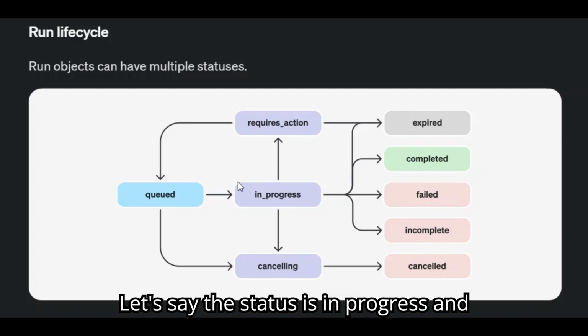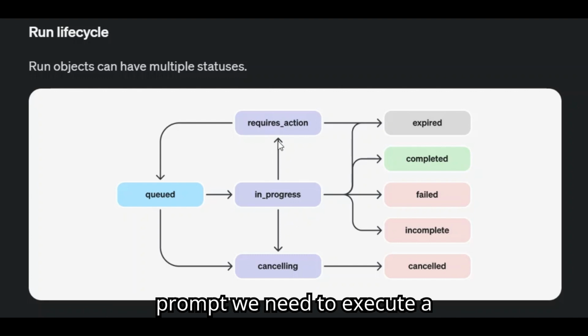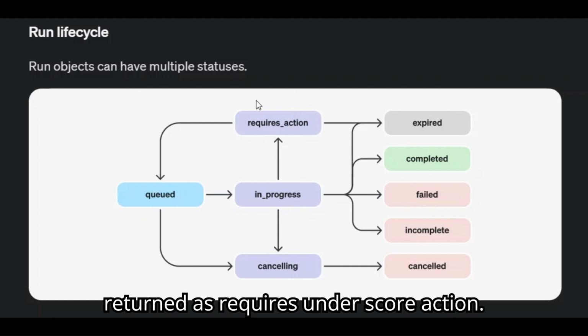Let's say the status is in progress and the assistant thinks that for the given user prompt we need to execute a custom function. Then the status will be returned as requires_action.